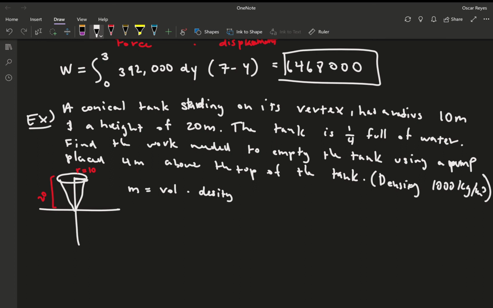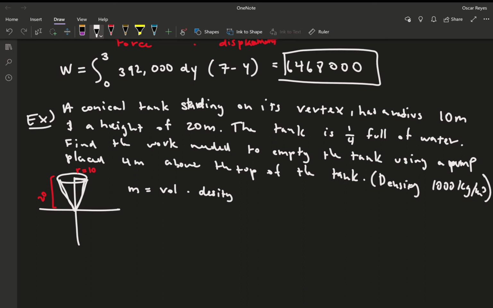Well, we know what the density is. We know the density of water is 1,000. So what's the volume of this cone? Well, if we look at it, all it is just circles packed up onto each other at a height of 20.